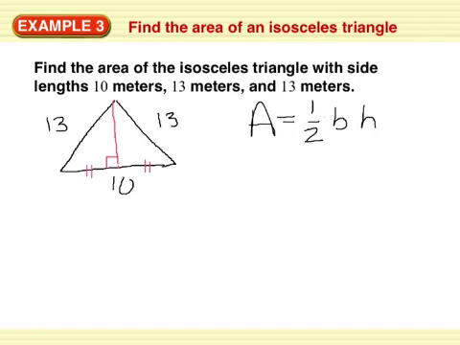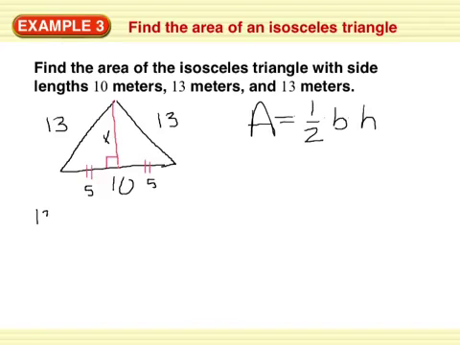So if we're trying to find the area, we would do 1/2 the base, which is 10, times the height, which is the altitude, but we don't know the altitude, so we have to figure it out. We don't know what that is, but this is 5 and that is 5. We can use the Pythagorean theorem to find x.